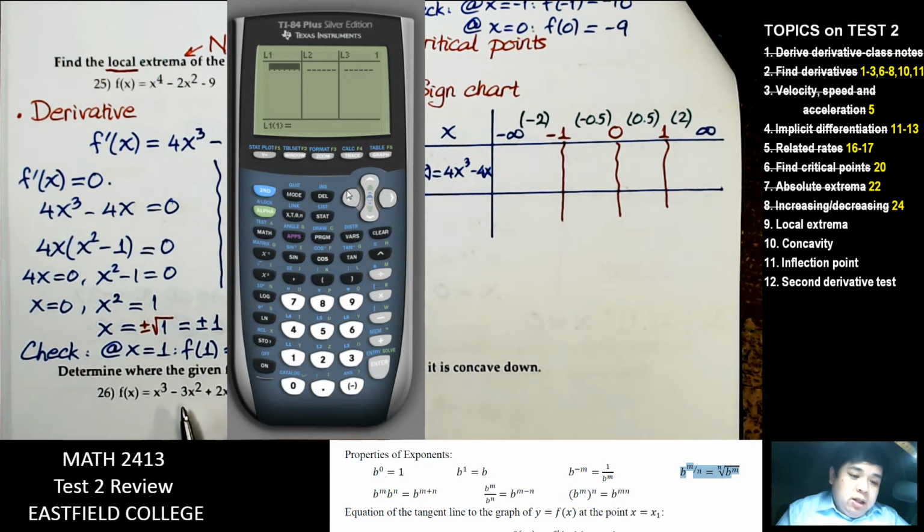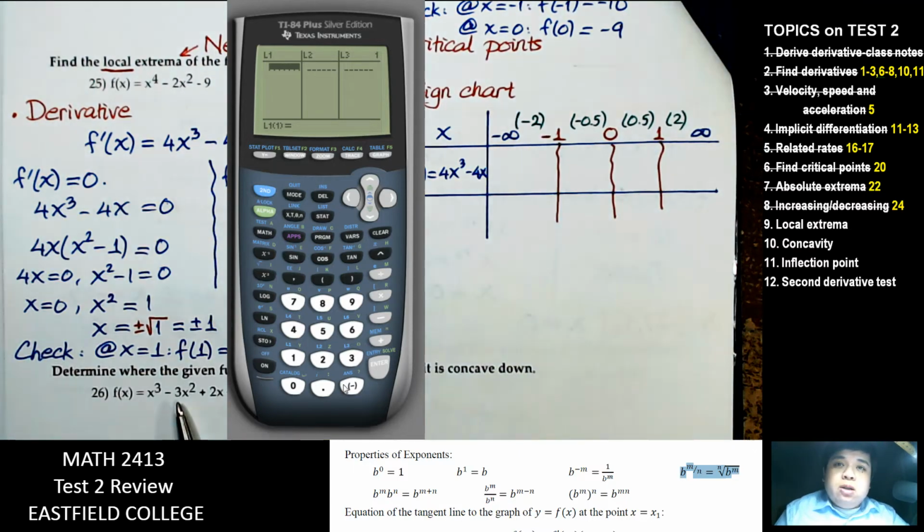Next we put in those test points. This is negative 0.5, 0.5, and 2.